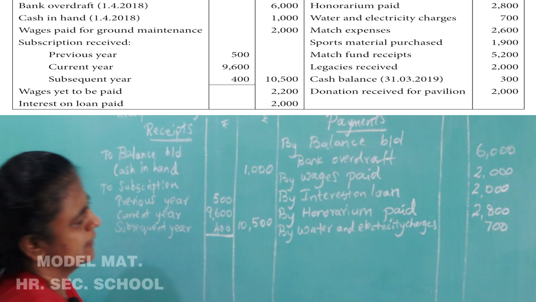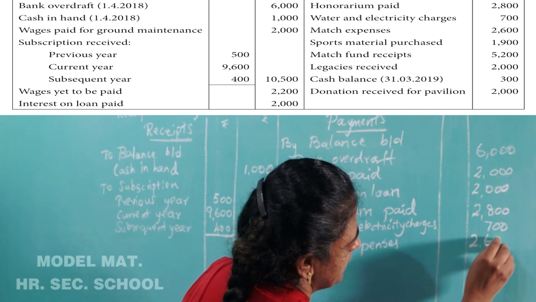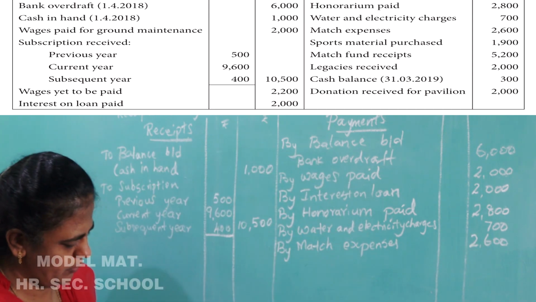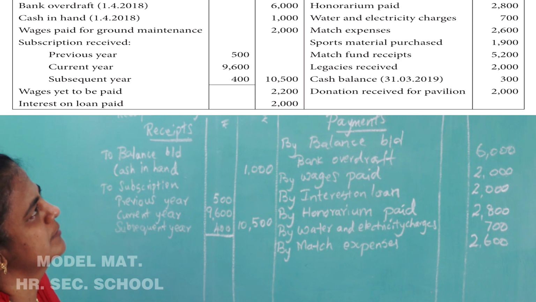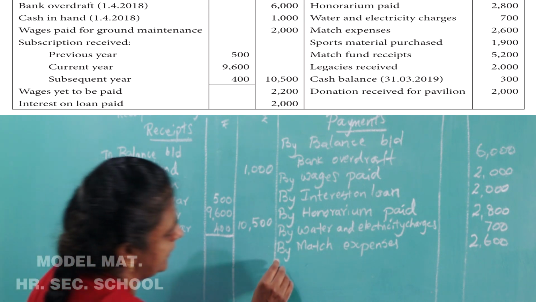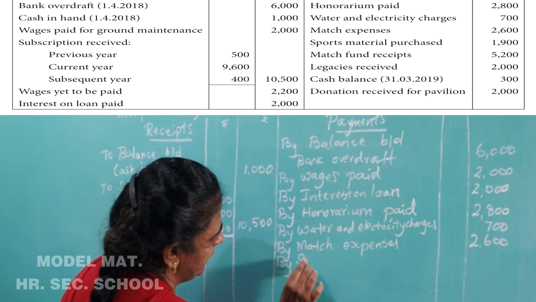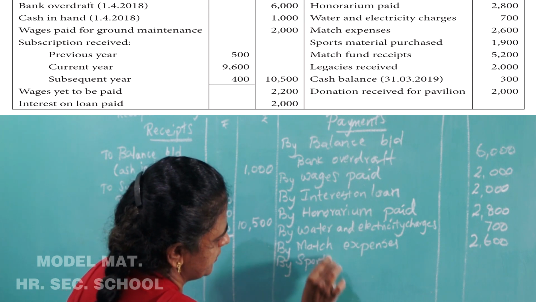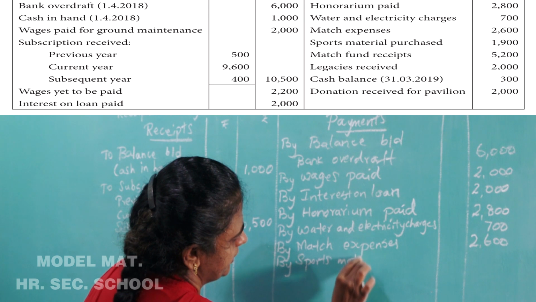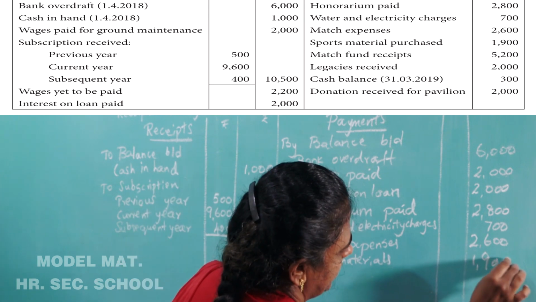Next, match expenses 2,600. Next, sports material purchased 1,900, that is also a payment: by sports materials purchased 1,900.